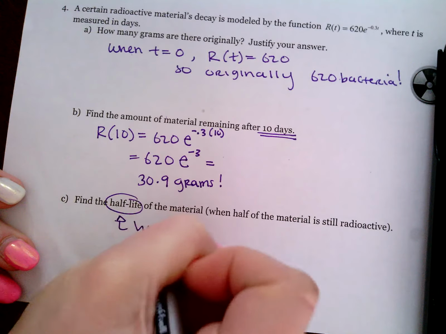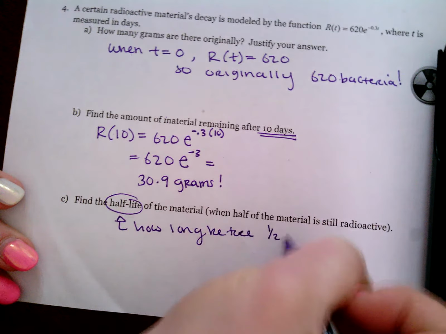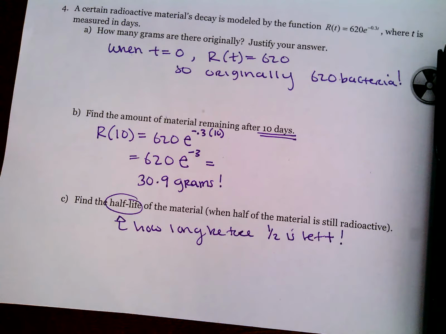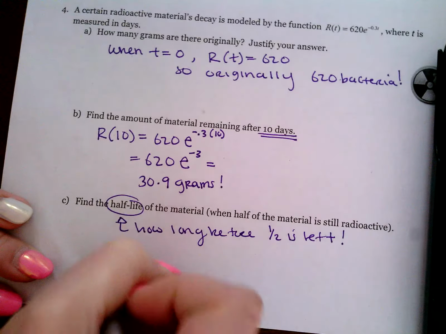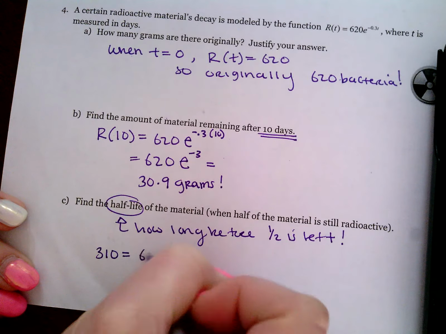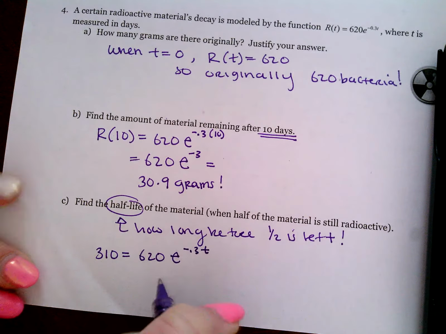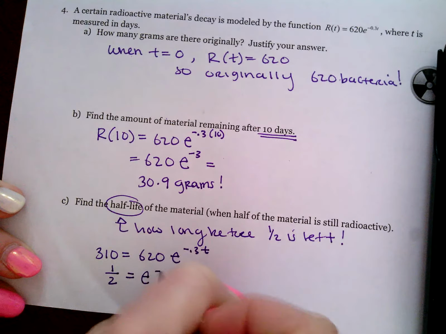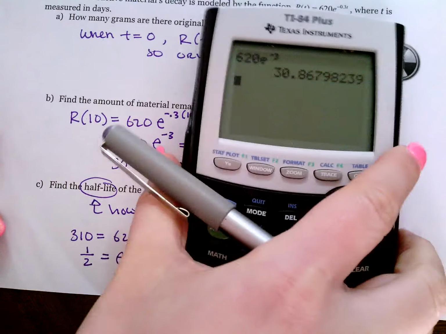I divide by 620. This should look familiar from the other example we did like this. And then I'm going to find the intersection in the calculator. The algebraic piece again will come later for us. So half equals e to the power of negative 0.3x. And we'll go ahead and graph it. I might need to change the window.